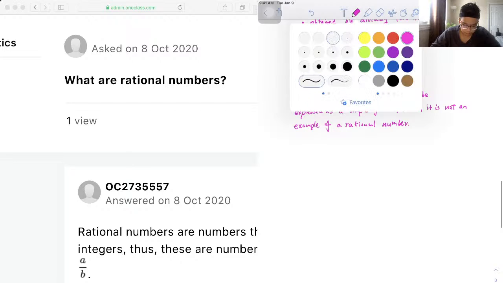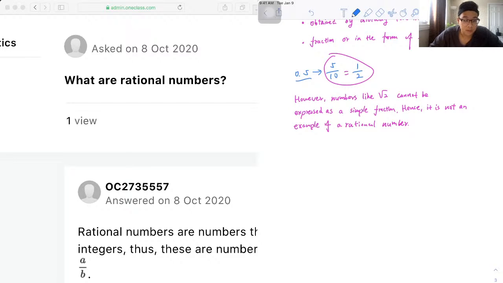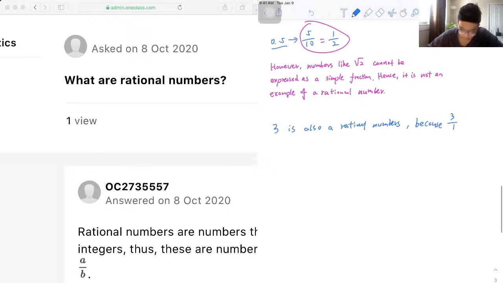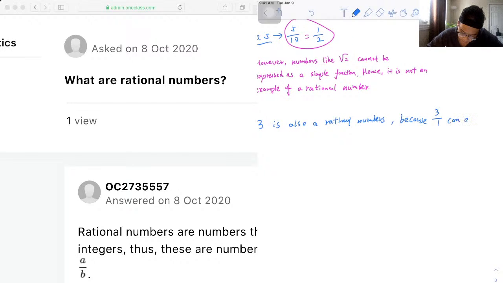So let's talk about some other examples of rational numbers. 3 is also a rational number, because 3 over 1 can express 3.